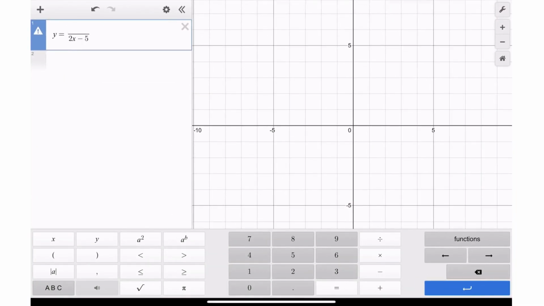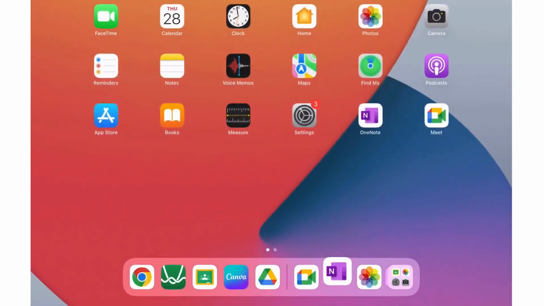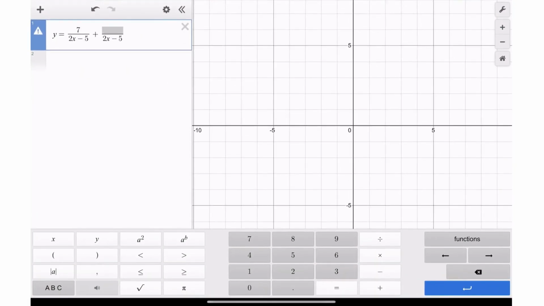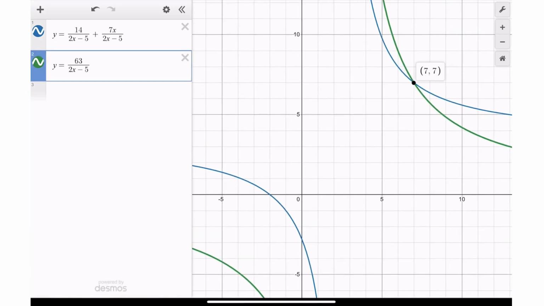And I think it was 7 plus the fraction of 2x minus 5, and 7x and 63. If this was 14, 14, 7x, and then I'll go down here and do y equals 63 over 2x minus 5. And the answer is where they intersect. And if I type that, click that dot, the answer would be 7.